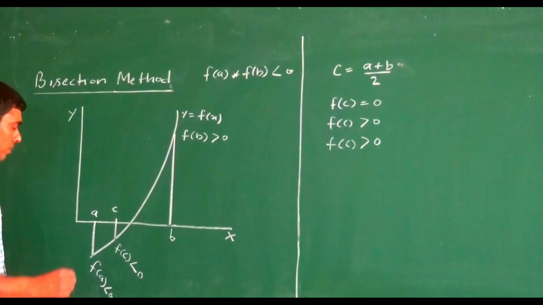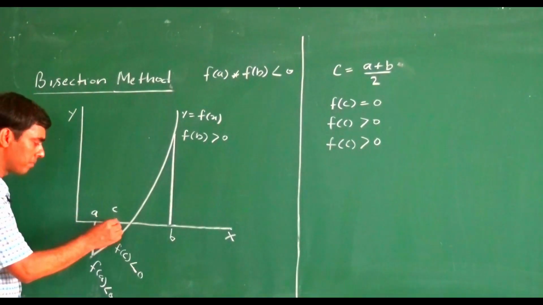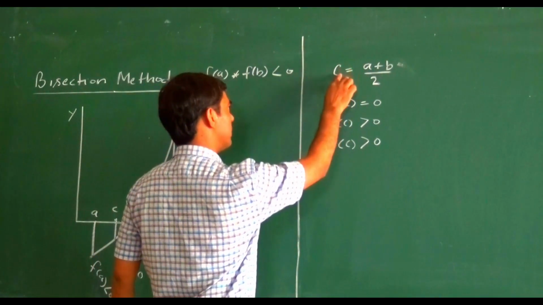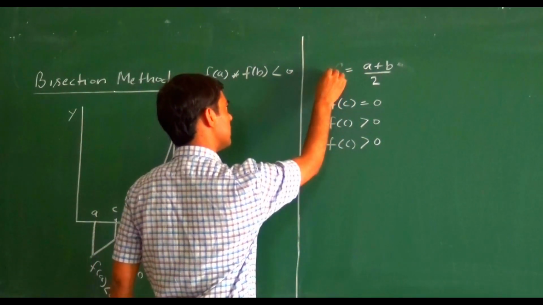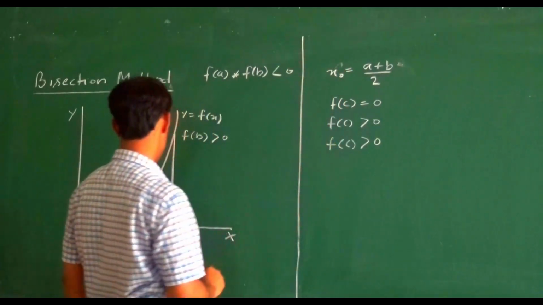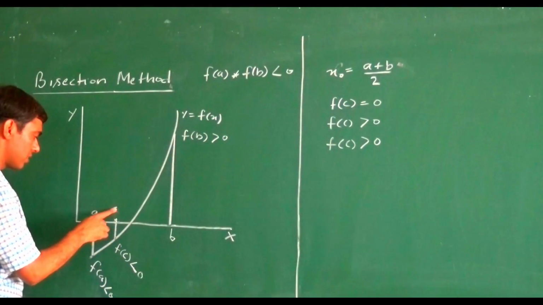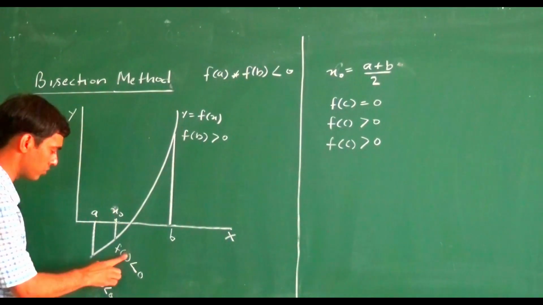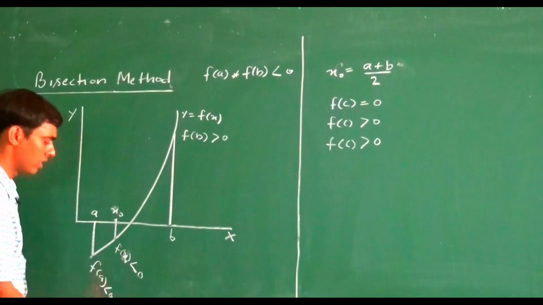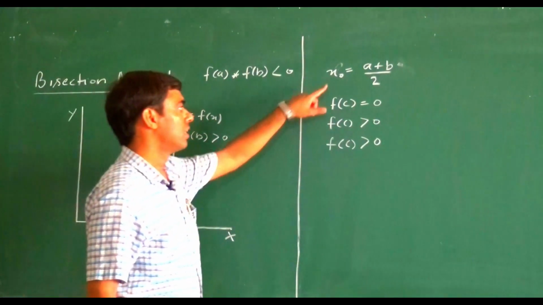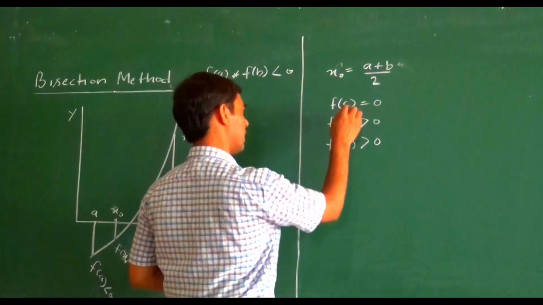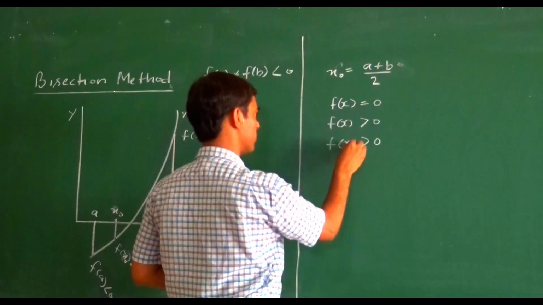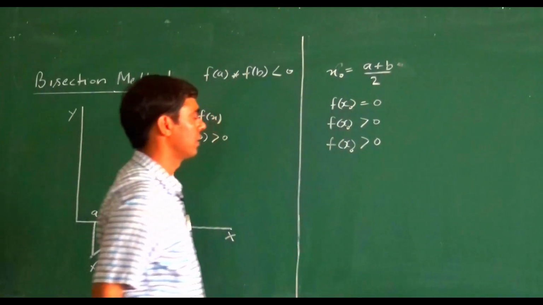If we closely observe this algorithm, here we denote this one not by c but by x0, and similarly here we write x0.